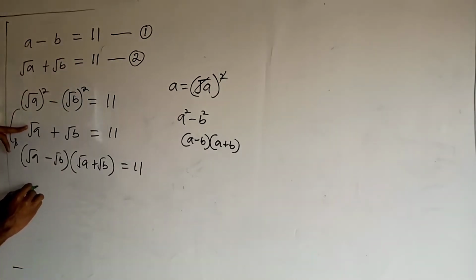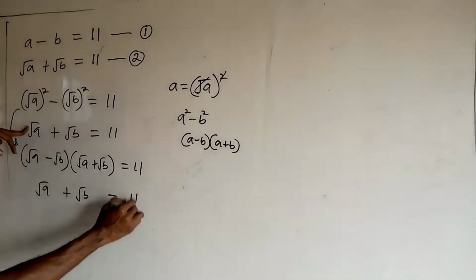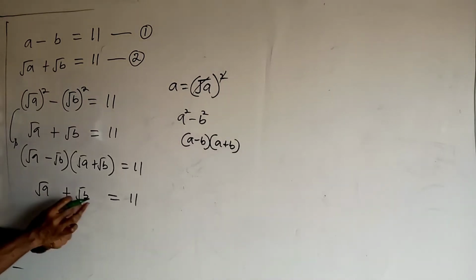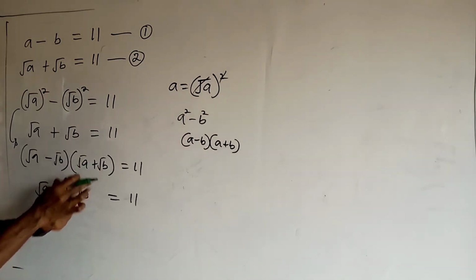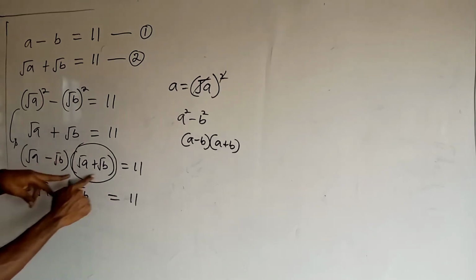Then of course I have equation 2: square root of A plus square root of B equal to 11. Now you remember that square root of A plus square root of B is equal to 11 from equation 2. So in this case, I will write this as 11.